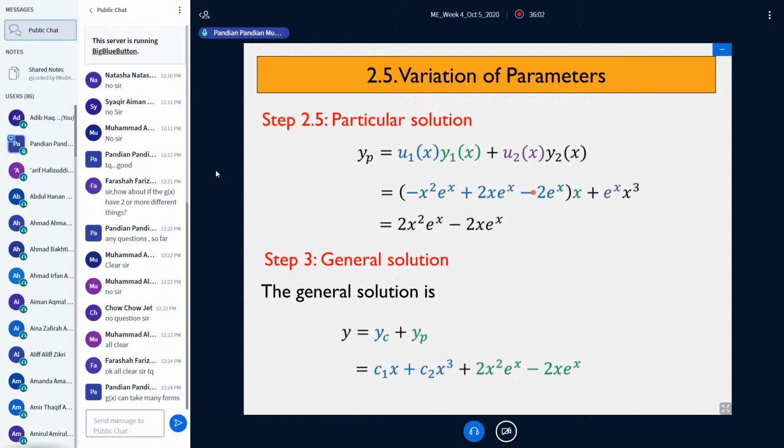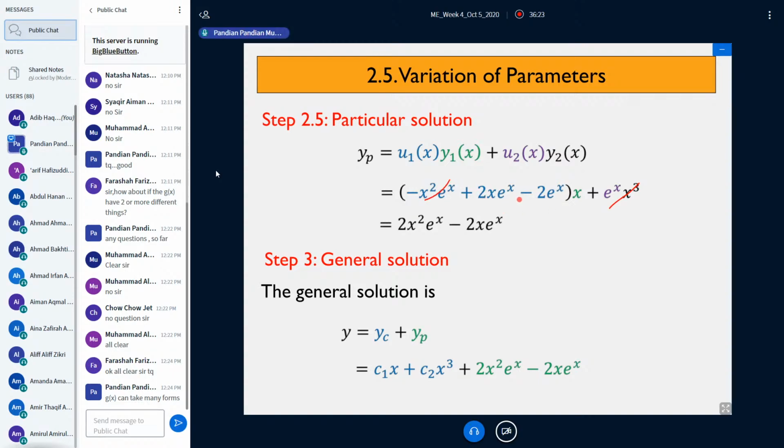Of course, you can simplify this. How to simplify this? This one is x cubed, minus x cubed e^x plus 2x squared e^x. So minus x cubed e^x, this one cancels off.